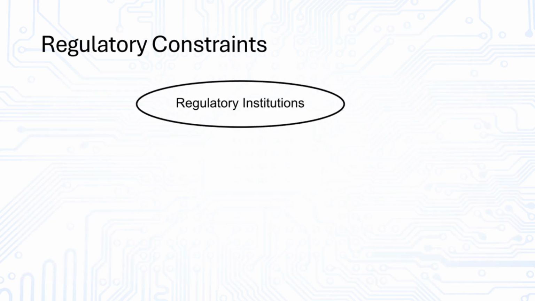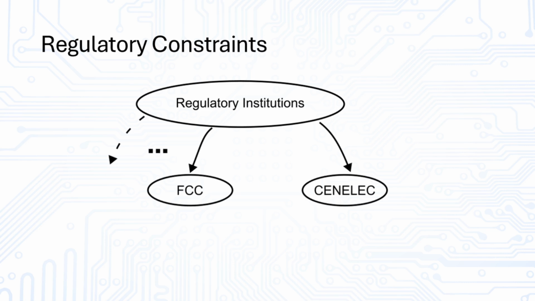With that said, let us briefly talk about the regulatory institutions and their respective standards. There are 2 prominent institutions when it comes to measuring conducted as well as radiated emissions, the FCC and the CENELEC. The FCC operates in the United States of America, while the CENELEC regulates the European market.